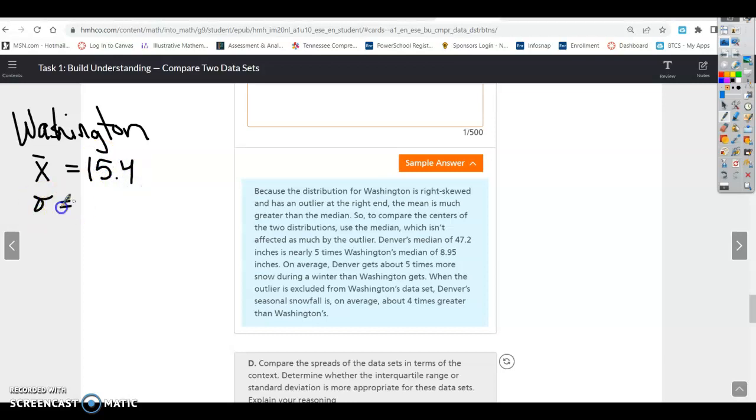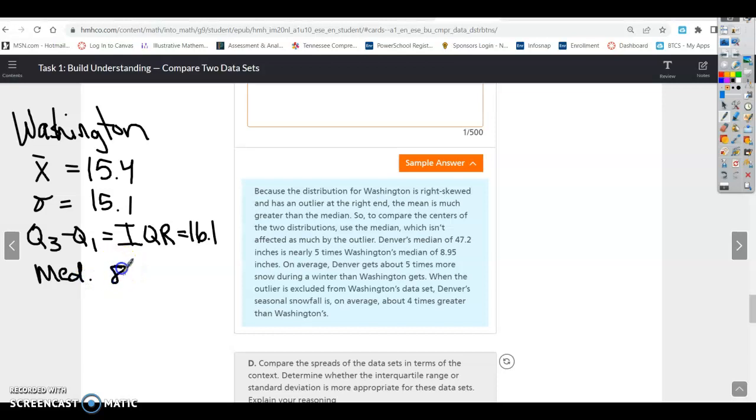The standard deviation was 15.1. The interquartile range was 16.1, and the median was 8.95.